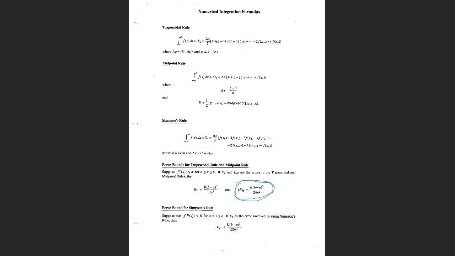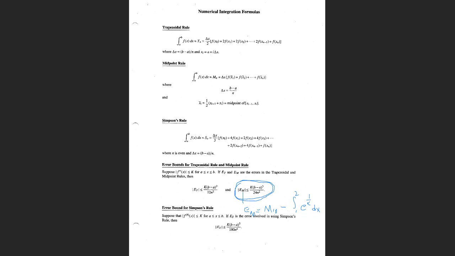That's the formula we're using from section 5.9. All right, so the E sub m here would be equal to the approximation, in this case M sub 10, minus the true value of the integral.